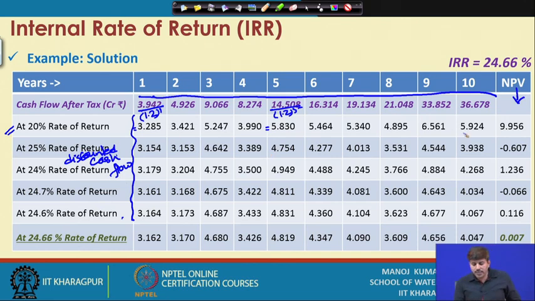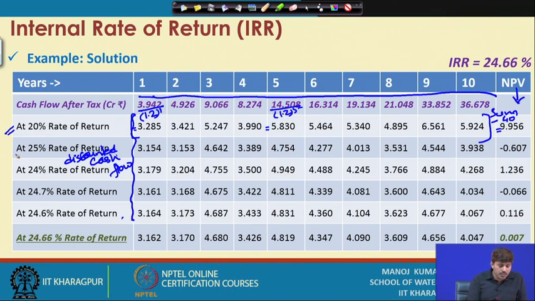That way we calculate all the discounted cash flows at a 20% rate of return, and the sum of this minus our initial outlay, which is 40, will be equal to the net present value. At 12% discount rate earlier, we got a net present value of around 36 crore. Here at 20% discount rate, we still get a net present value close to 10 crores. So, we will have to go higher.